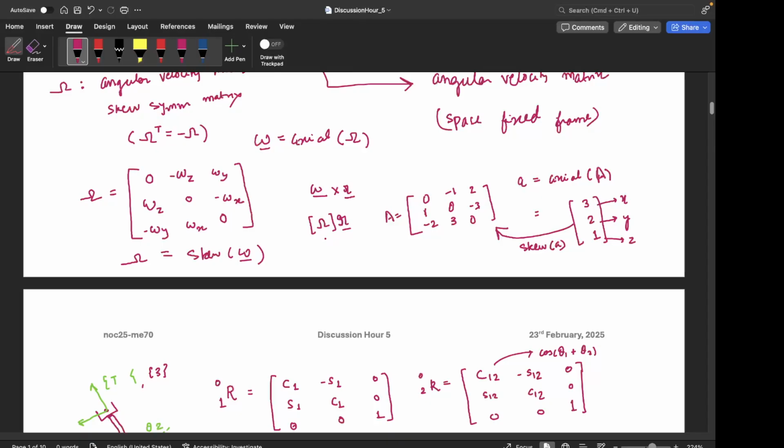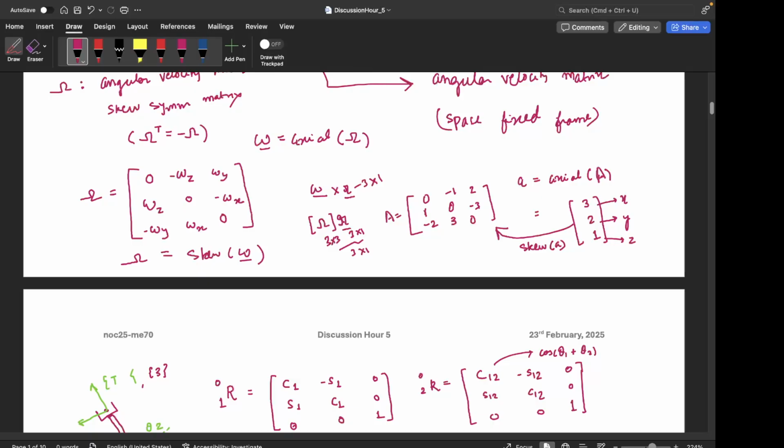So this will be 3 cross 3 and this will be 3 cross 1, so the result will still be 3 cross 1 as in this case. But sometimes it becomes convenient to write in terms of matrix multiplications and not separately use a cross product operator. So while programming, you can just keep them as a matrix multiplication and need not actually implement the cross product as a separate function.